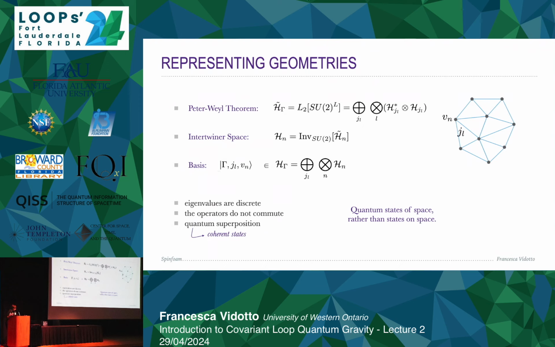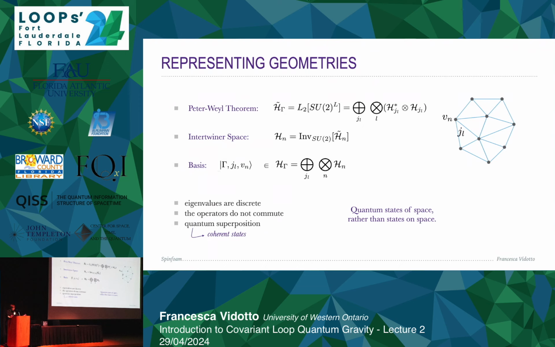This is a very appealing way to write things, because you can define things locally. We will somehow identify each node with a region of space-time, or if you want, with the space-time quanta. And now my Hilbert space is given by the tensor product of all these locations, let's say, all this quantum space.